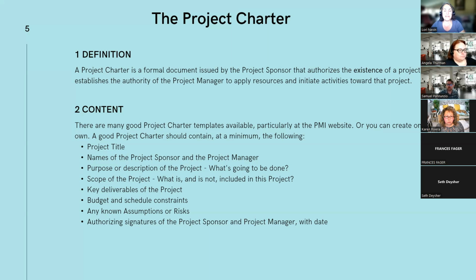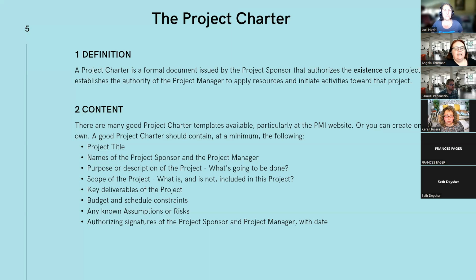It could be that we assume that the project will meet a strategic objective of the organization as a whole, and what that strategic objective is, so that when people read the charter or sign up and agree to the charter, they know why they're doing this project, that it relates to the organization's strategic objective. Those are excellent points. Thank you, Lori.